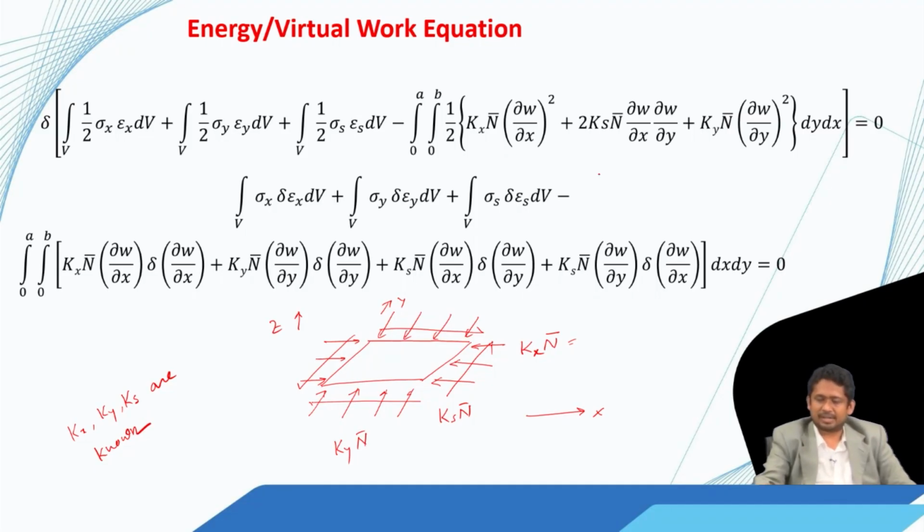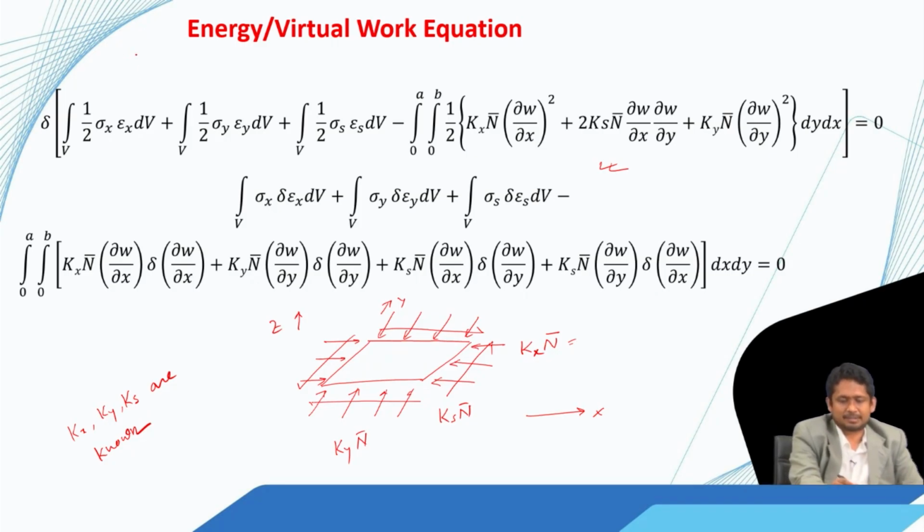Now, this is how we write the energy equation. In our total potential energy expression, one part signifies the total strain energy, and the other part is the potential of the applied load, which is the negative of the work done by the applied load.